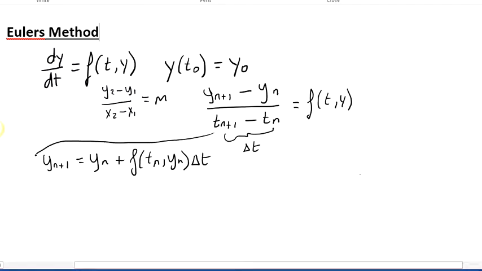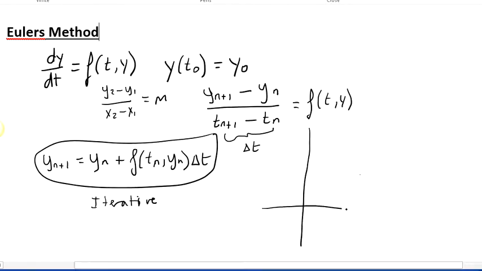So Euler's formula really is nothing but the equation of a line, or the equation for a slope. We keep doing this process, and it's called an iterative process. Any iterative process can be done in a program or using a spreadsheet like Excel.